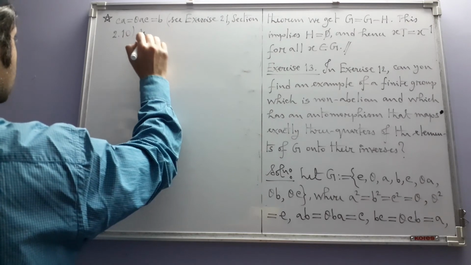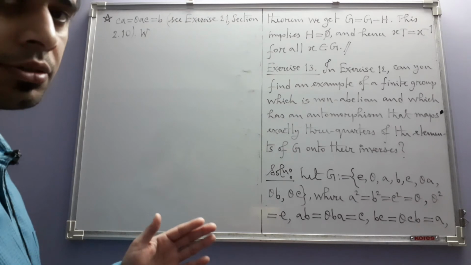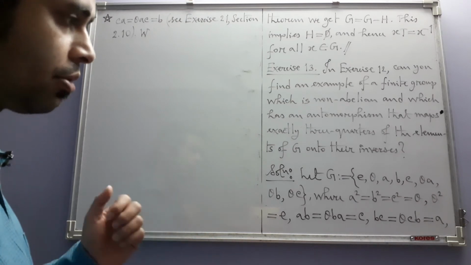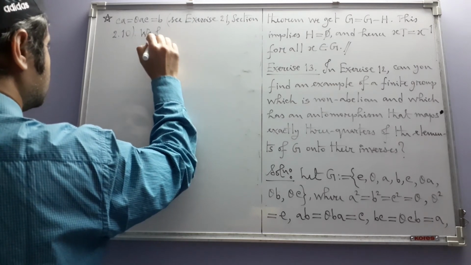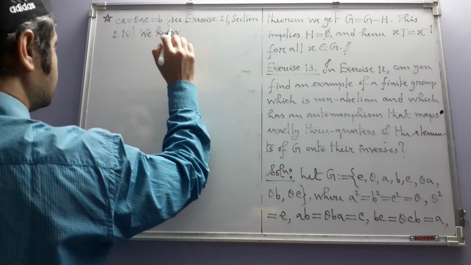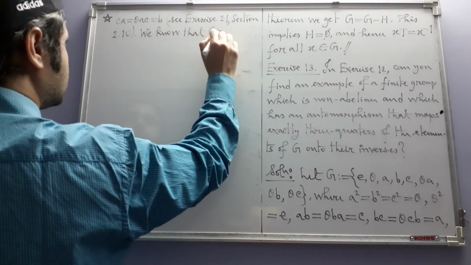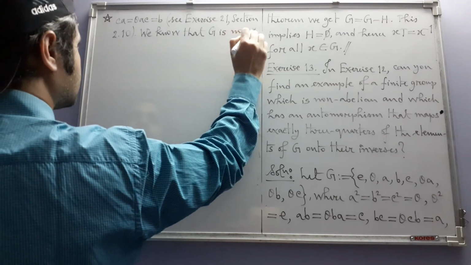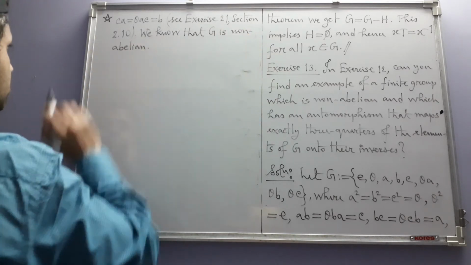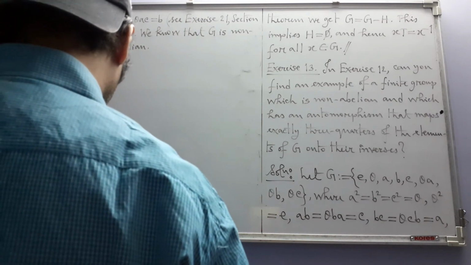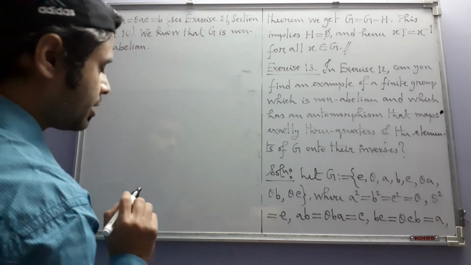In fact, in that exercise we are asked to show that this is a non-abelian group. So from there we know that G is non-abelian. We are now going to define an automorphism.